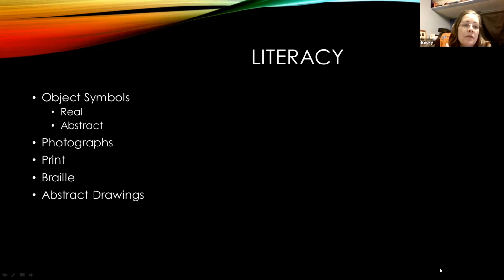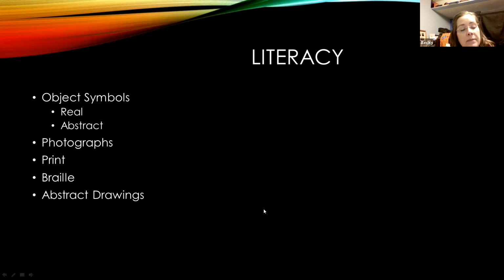So let's put this all together for literacy. We know that literacy is learned through a hierarchical scale of skills. Both the communication matrix and the CVI interventions begin with real objects, and symbols are our foundation for literacy. So we're going to start with the object symbols, with the real symbols, and then we can move to a more abstract symbol.